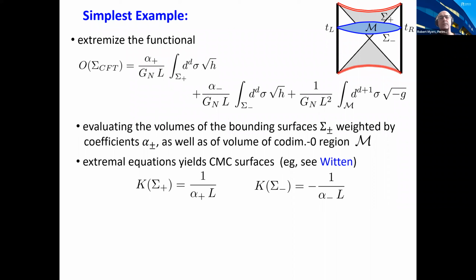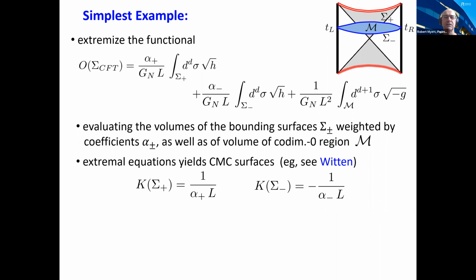Well, the hope, although we're far from that at this point, is that in the field theory we're thinking about building a microscopic definition of complexity along the lines of what I had in one of the early slides.